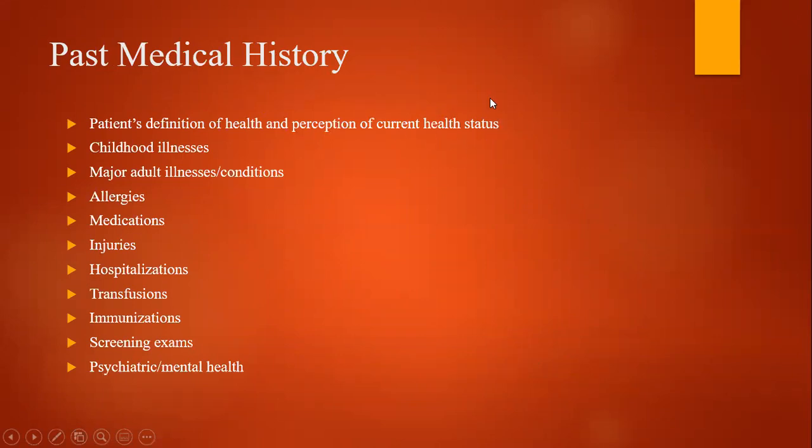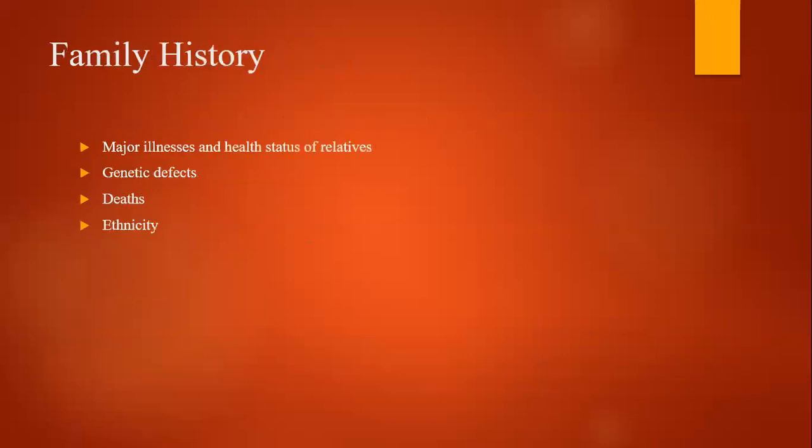So you should ask the patient and evaluate any kind of past medical history or surgical history, childhood illness, major adult illness, any kind of allergies to environment, dust, pollen, any allergy to drugs like penicillin, sulfur, any medication, injuries, any history of hospitalizations, blood transfusion, plasma transfusion, whether immunization is updated or not, any kind of screening exam related to the patient's age, any kind of psychiatric or mental health history.